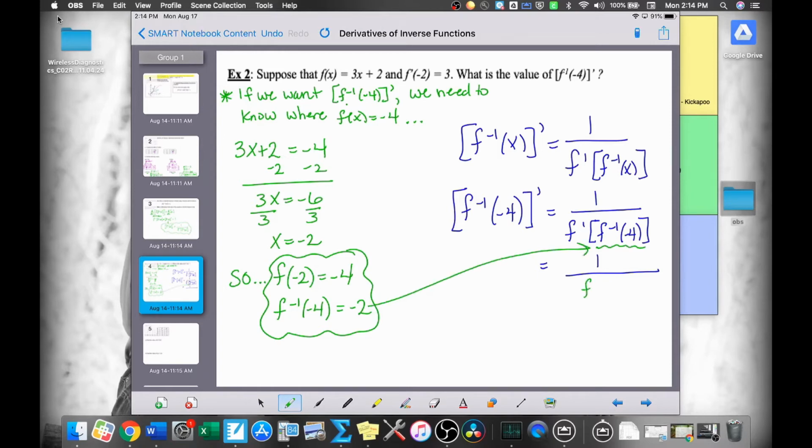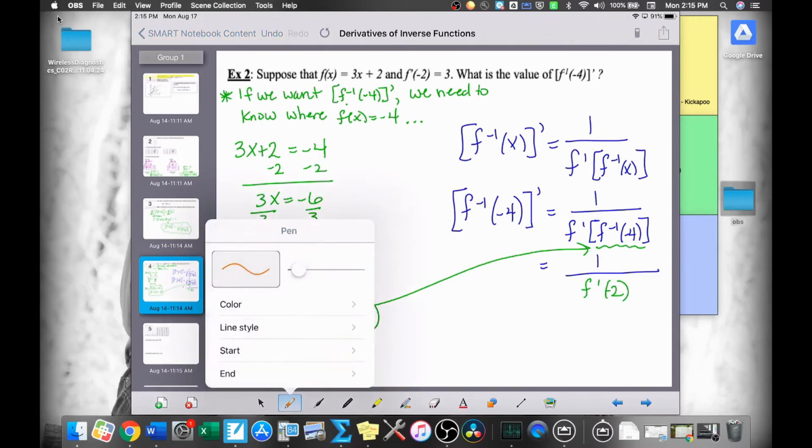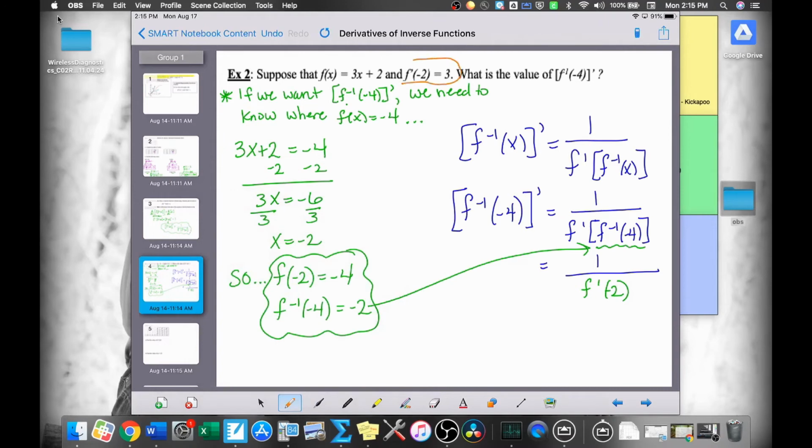So this becomes f prime of negative 2 in the bottom, and I was given f prime of negative 2 equals 3 up here in the original problem, right? So 1 over 3. So my answer here is that f inverse of negative 4 prime is equal to 1/3.